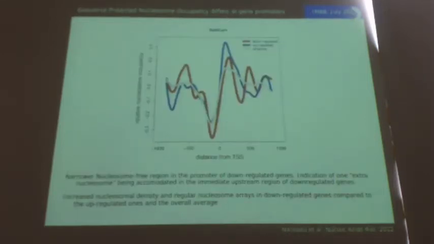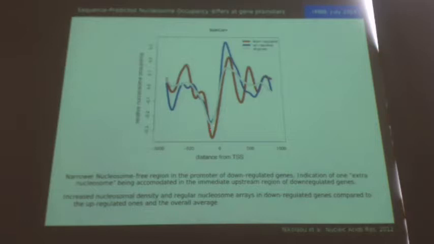So to cut a long story short, this is what our model looks like. The light gray line is all the yeast genes. It's not very well discernible. But what we're really interested in is the red, which is the downregulated genes, and the blue, which is the upregulated genes. Two things pop up.